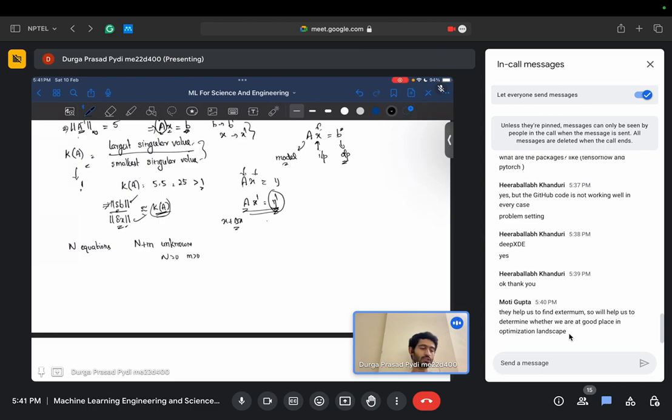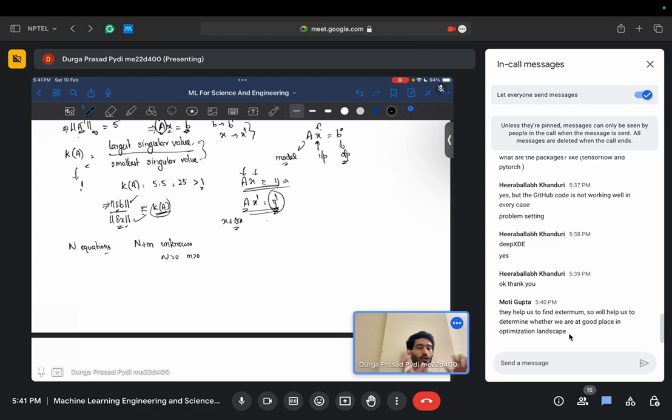Basically you have more unknowns than equations, so you cannot use methods like this to get a solution directly. You can even have inequalities, which is something we will discuss in the next problem. But the point here is, when you have more unknowns than equations, in such scenarios you will not be able to solve them using the linear algebra we discussed before.